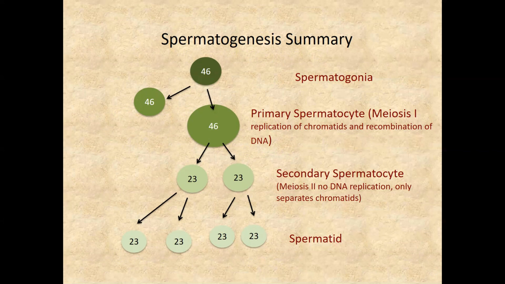And some of you might be interested in reproductive health. So for a male, the primary sex cell is called a spermatogonia, and it's going to have 46 chromosomes. Then the cell is going to separate out, and this is meiosis 1.